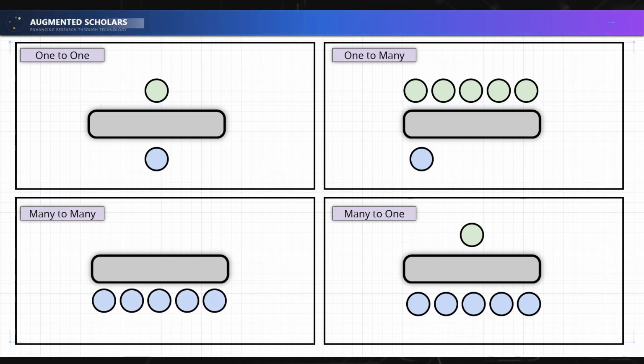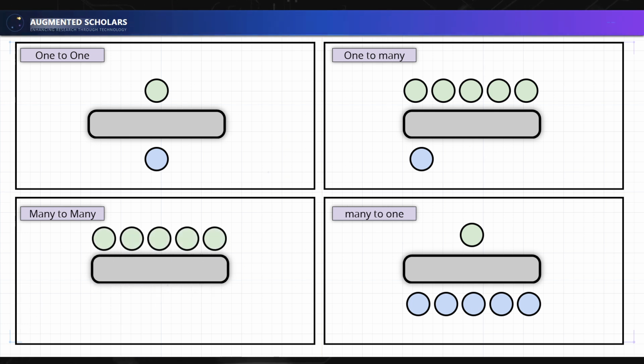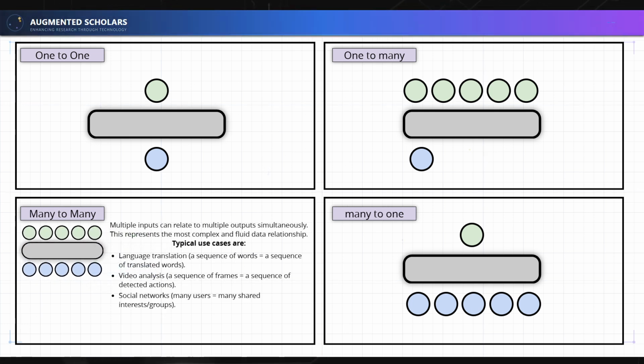And the last one is many to many. So the idea is to have multiple units of input and multiple units in the output. Okay. And the idea is to have something that can be kind of multimodal. So you can have multiple units that can be different in the output, and you can also receive in the output multiple units of different modalities.